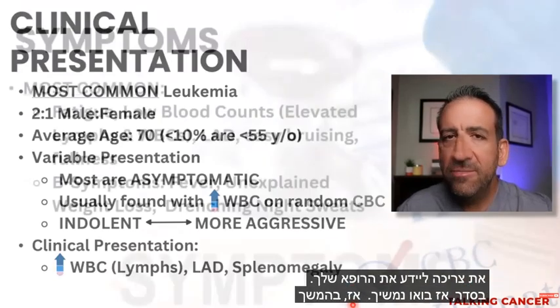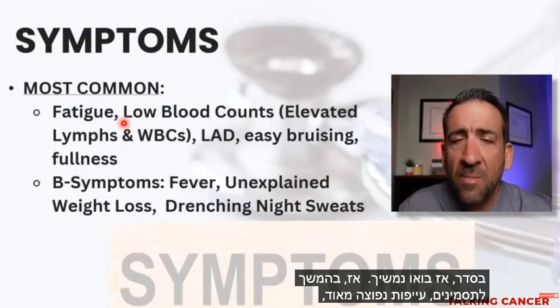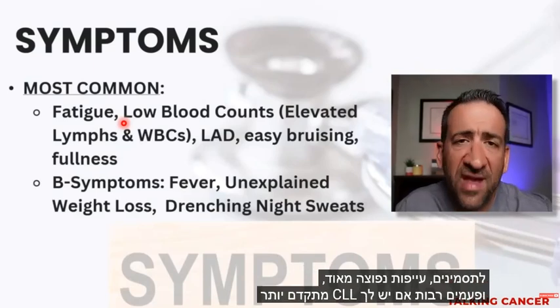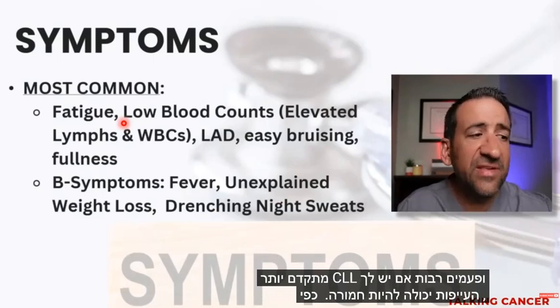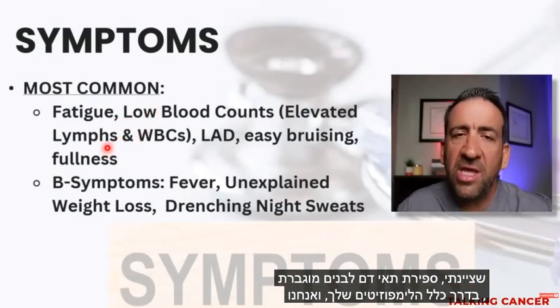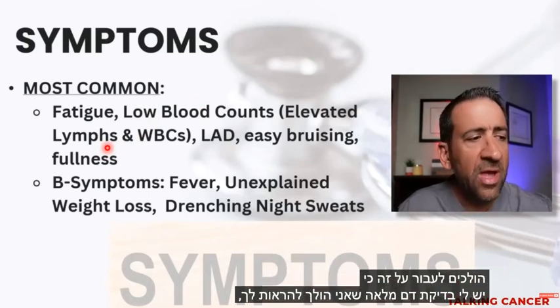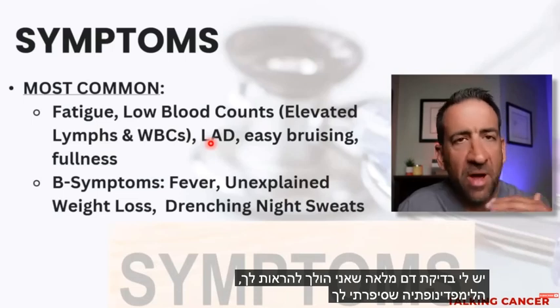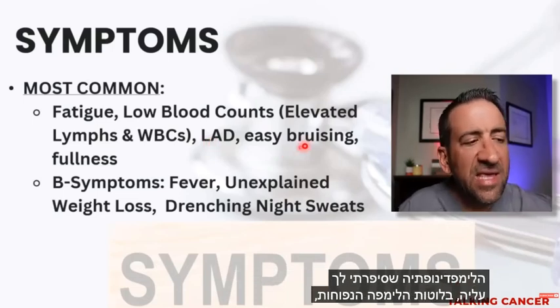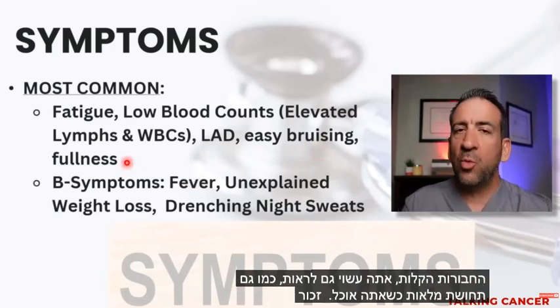So let's move on. So continuing with symptoms, fatigue, very common. And a lot of times, if you have more advanced CLL, the fatigue can be severe. As I stated, the elevated white blood cell count, usually your lymphocytes, and we're going to go over that because I have a CBC that I'm going to show you. The lymphadenopathy that I told you about, the swollen lymph nodes, the easy bruising you may also see, as well as fullness when you eat.